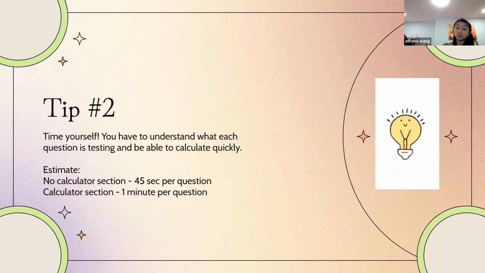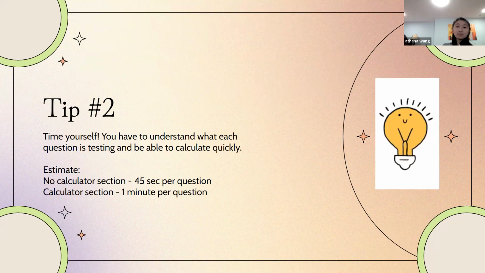I'm talking about the multiple choice answers. The grid-ins will definitely take longer, so they will give you a longer amount of time. But basically they're testing how fast you can react to a type of problem and making sure you can understand what you need to do in order to solve it.